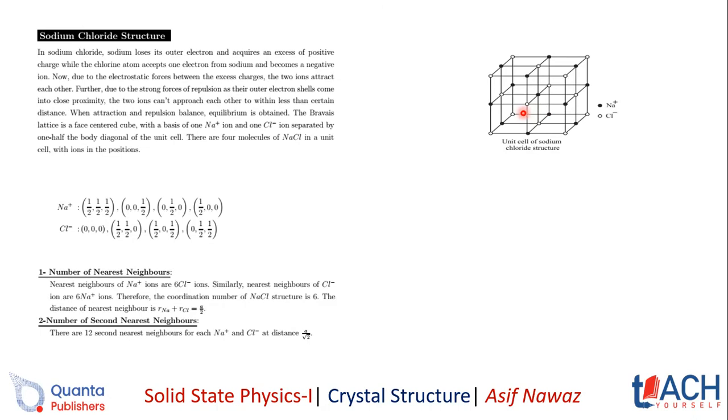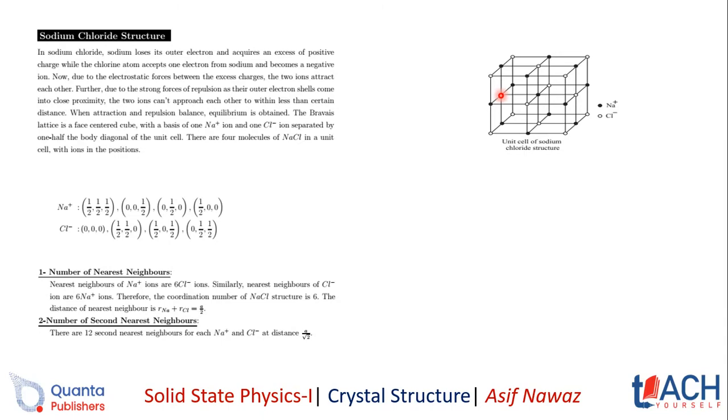So if we see the one cell over here, this cubic cell, it contains sodium chloride, sodium chloride, sodium chloride, and sodium chloride. So we have 4 molecules of sodium chloride in a unit cell.